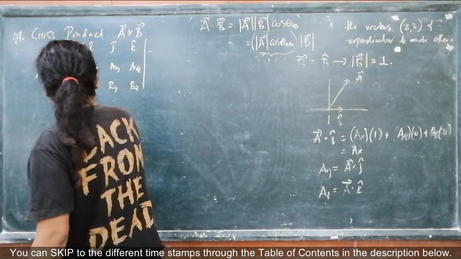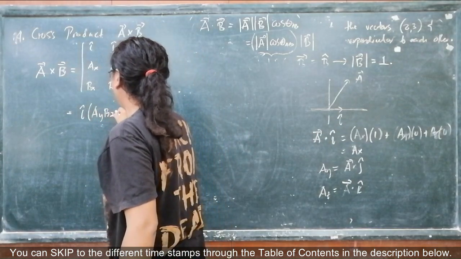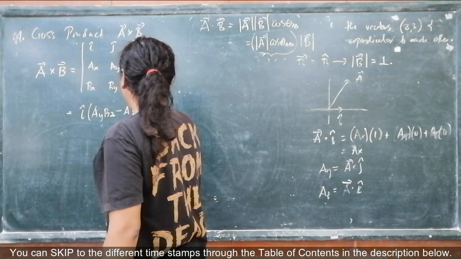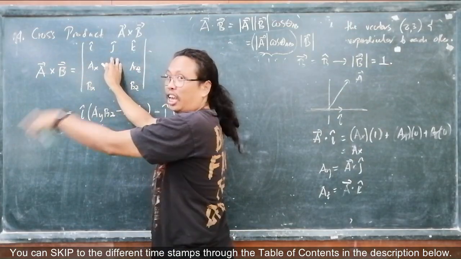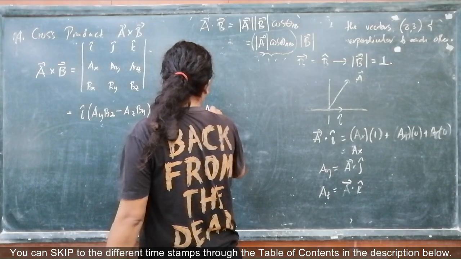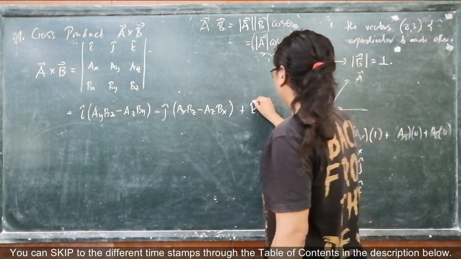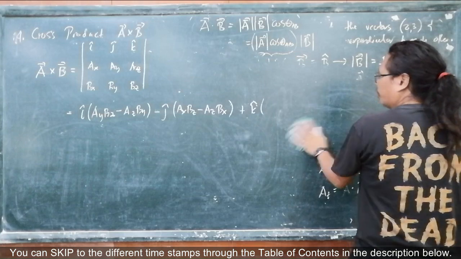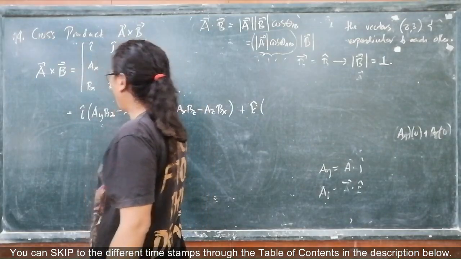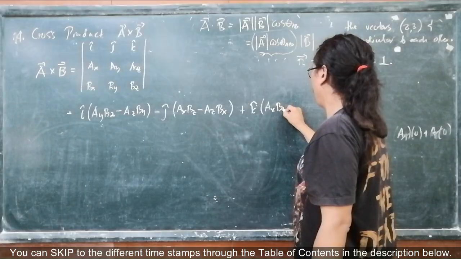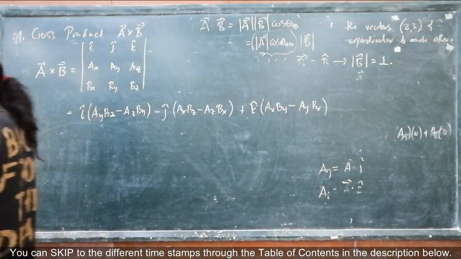So this is defined as i hat times (ay bz minus az by), minus, alternating, j hat times (ax bz minus az bx), plus k hat times (ax by minus ay bx).